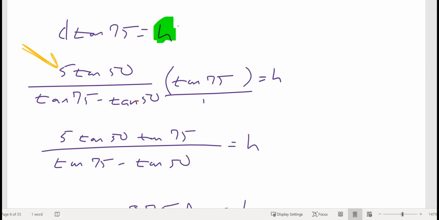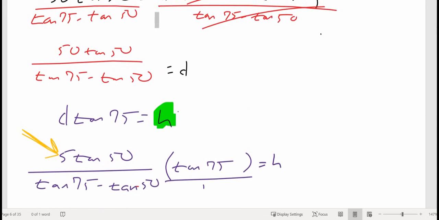Right here. Shouldn't that have been 50?